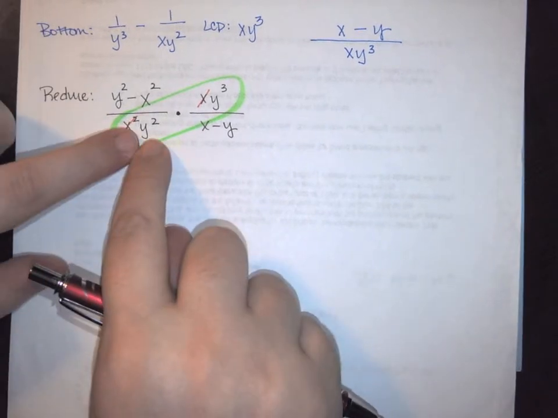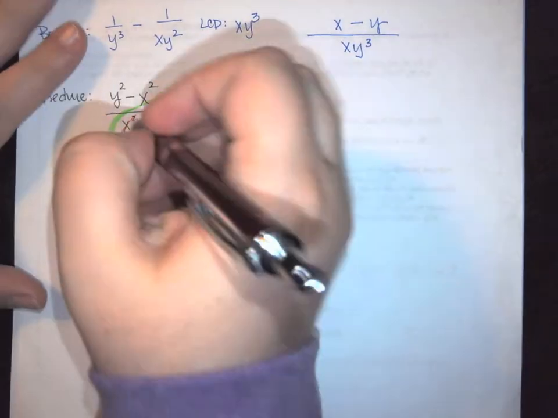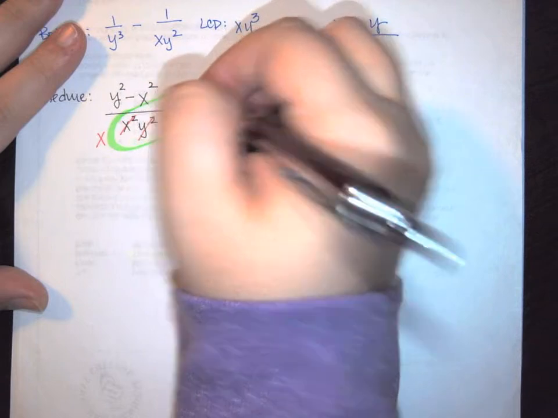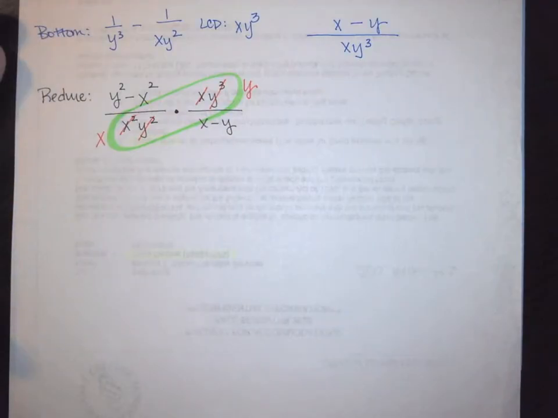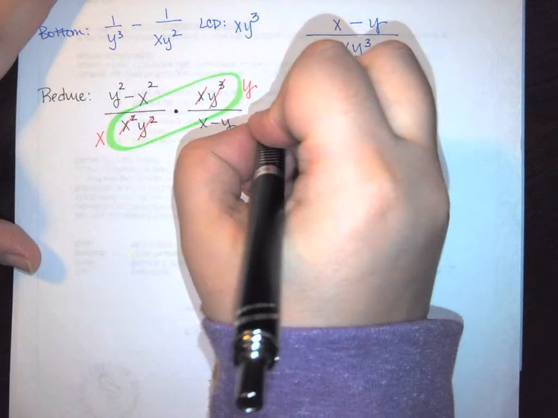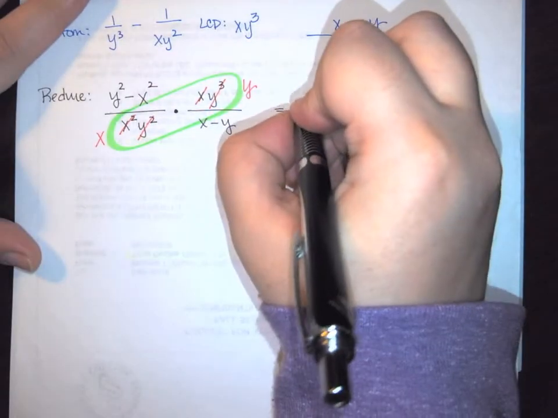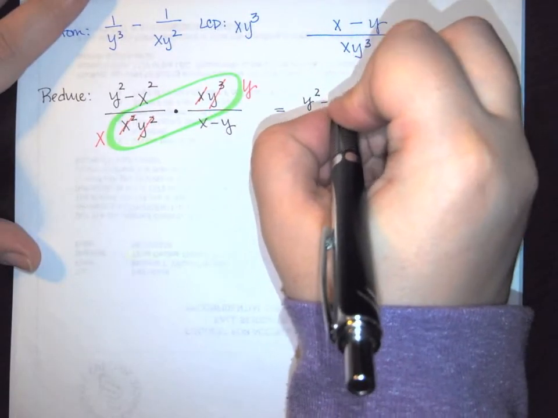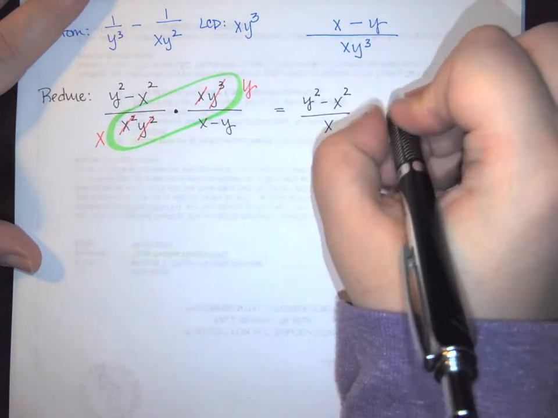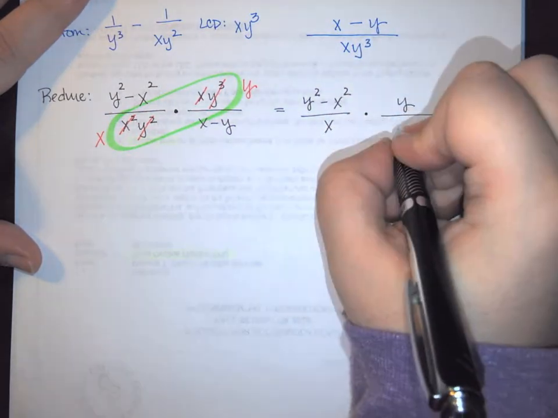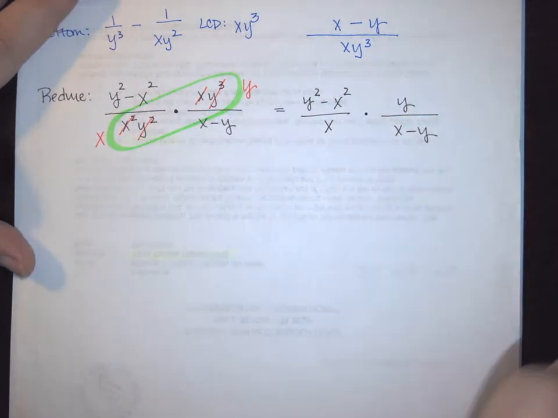Now I have a y squared on the bottom and a y cubed on top, so these are both going to go away, and what's left behind is just a y. Okay. So when we look at how this looks, we now have y squared minus x squared all over x times y over x minus y.